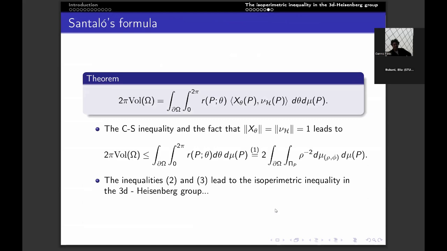And we will use a Santalo type formula here, which is the main tool for the proof of the isoperimetric inequality in the Heisenberg group.